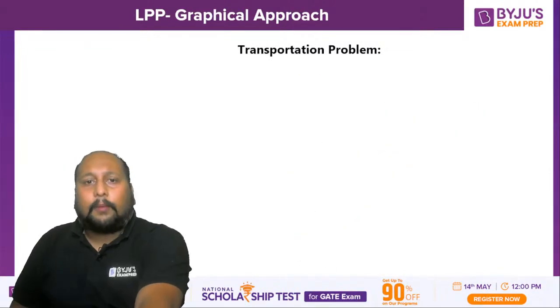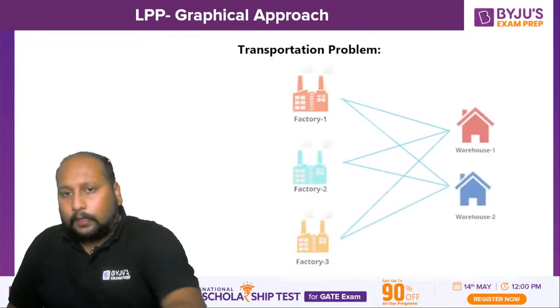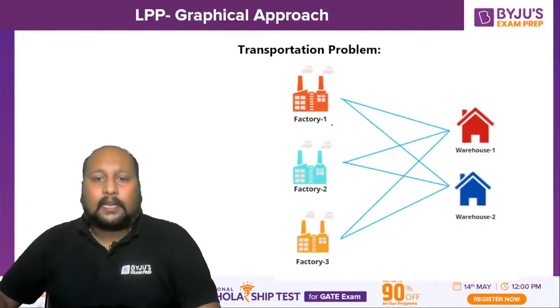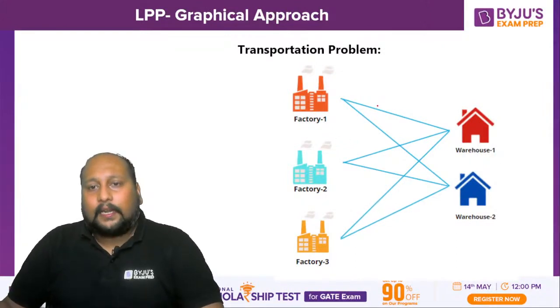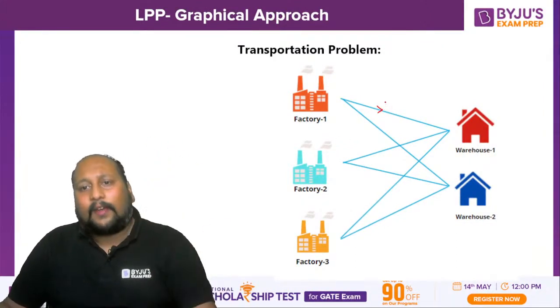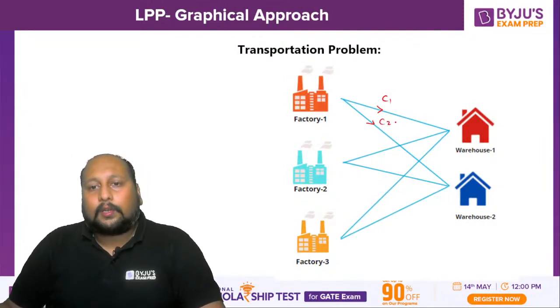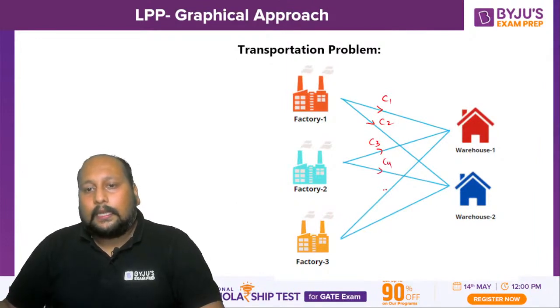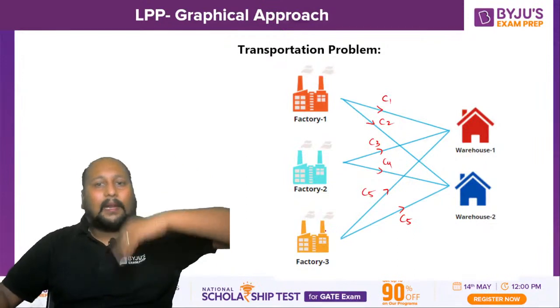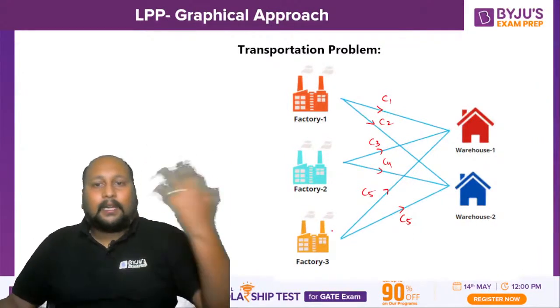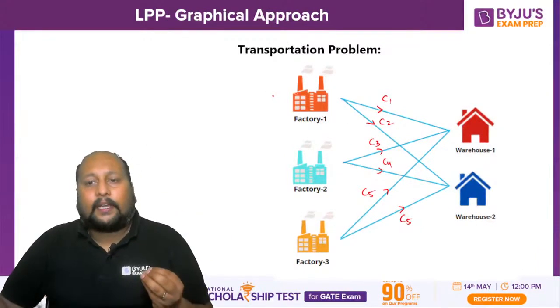Now, if I talk about the transportation problem, let's take an example. Let us suppose there are 3 factories. Sending one item from factory 1 to warehouse 1 costs me C1. From factory 1 to warehouse 2, it costs me C2. Similarly, it is C3, C4, C5 and C6, right? So definitely we have multiple possibilities, like some items getting from factory 1 to warehouse 1.